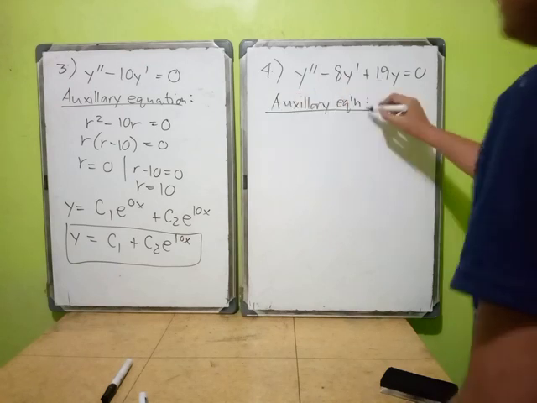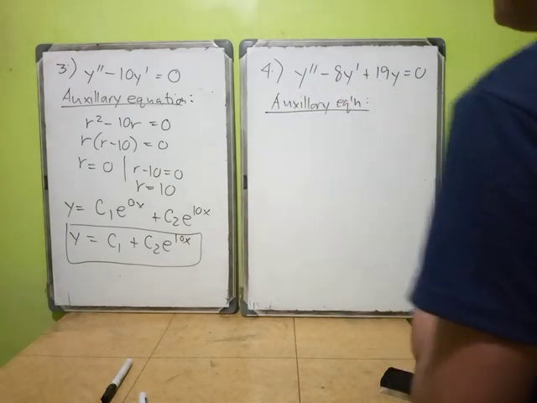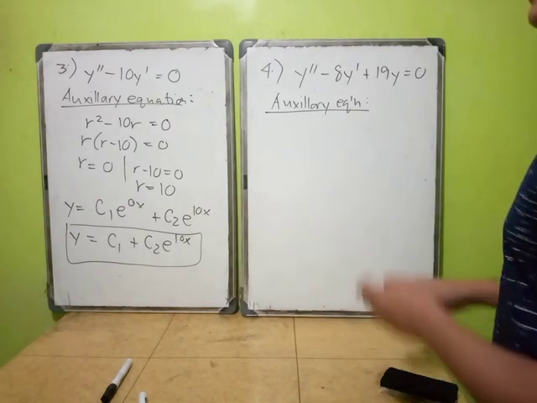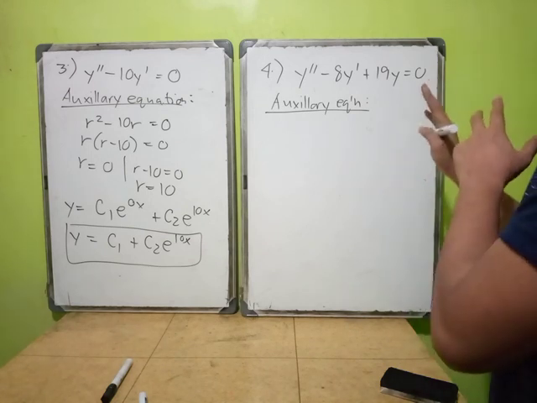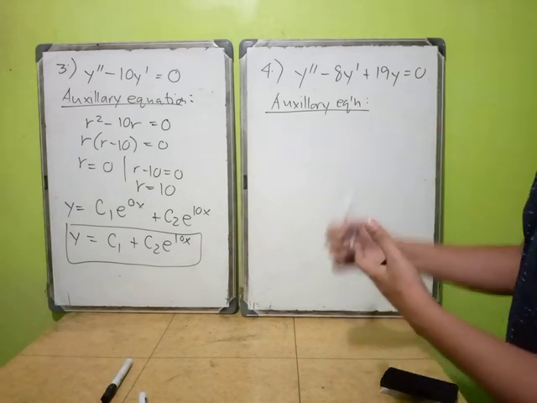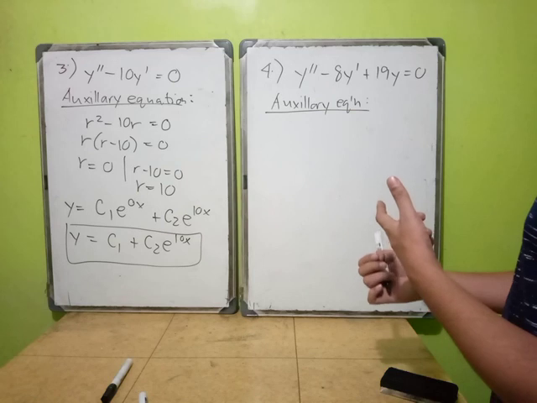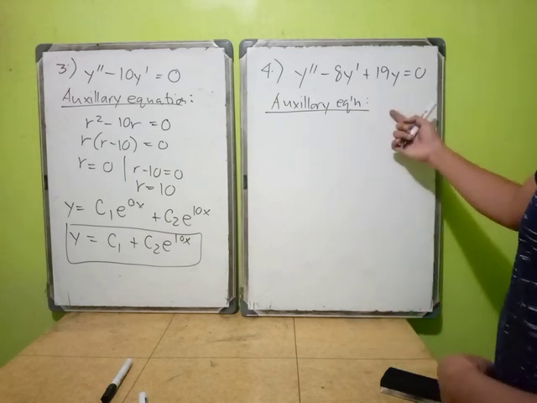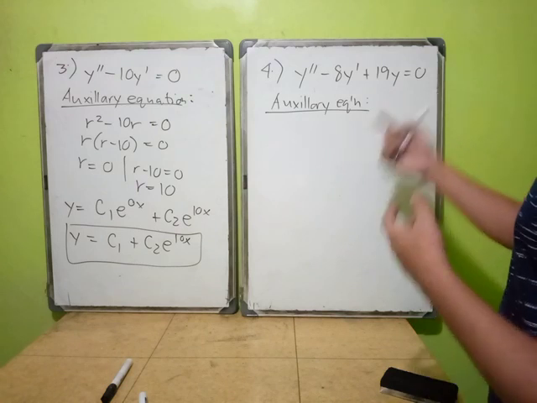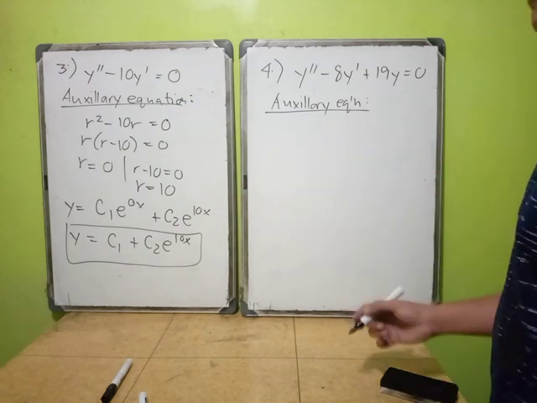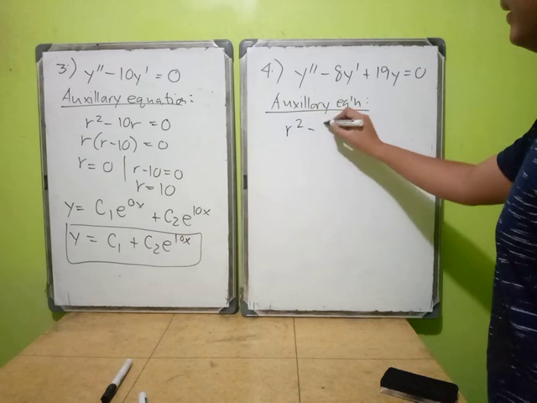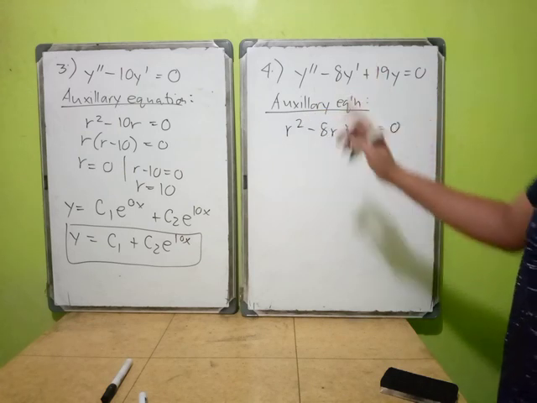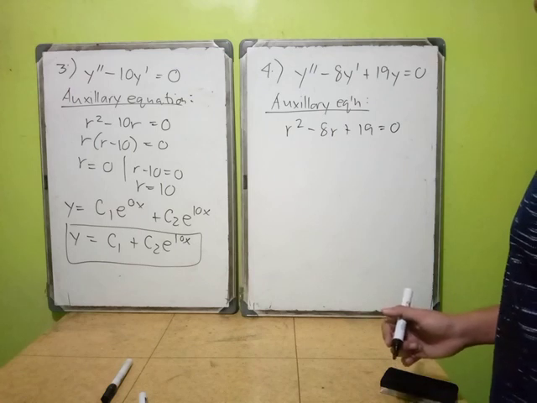Again, we'll try if this is factorable. There are some equations in which there is no factor, for example this one. Whatever you do to this auxiliary equation, you will not get factoring.